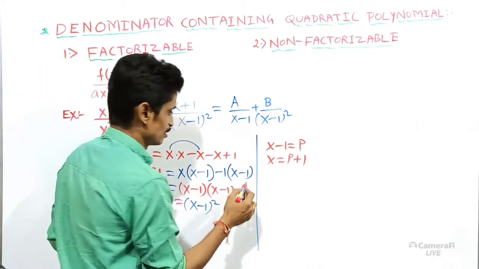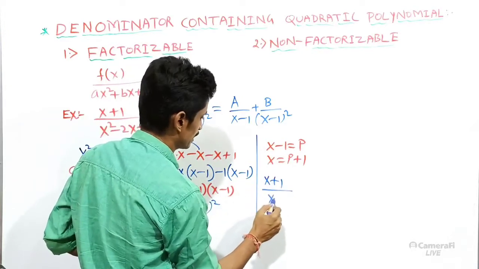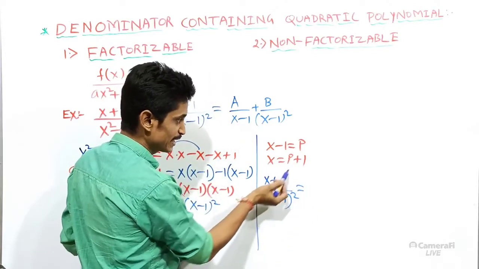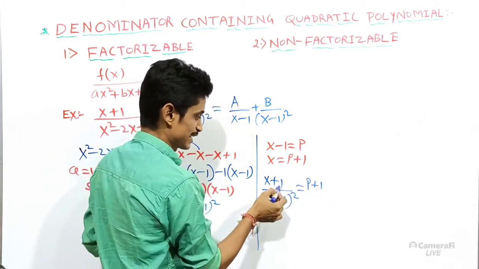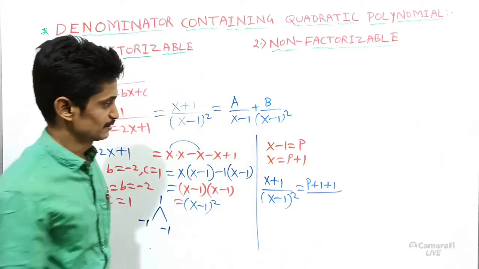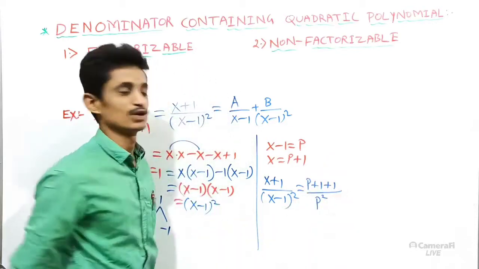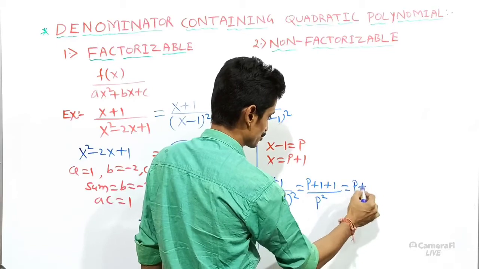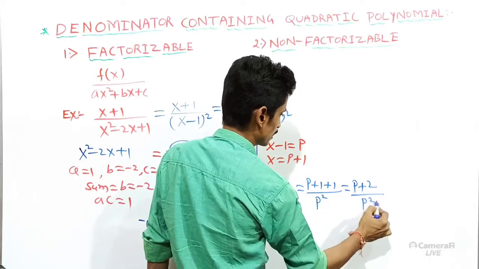Now take the question. What is our question? x plus 1 divided by (x minus 1) whole square equal to, what is actually the x value? The x value is p plus 1, and one more plus 1 is there, I will write here. In the denominator we are replacing x minus 1 by p, it means p square. Now simplify the numerator part: p plus 1 plus 1 will be 2, divided by p square.